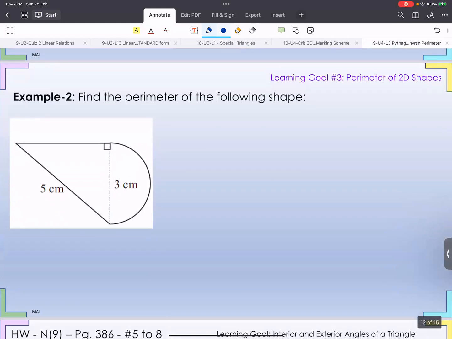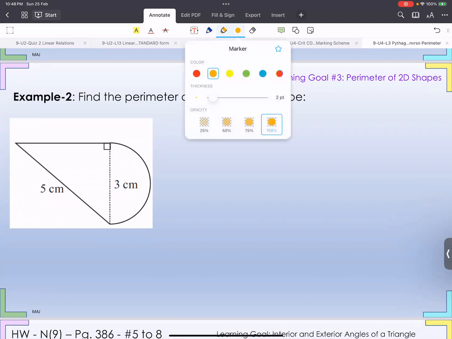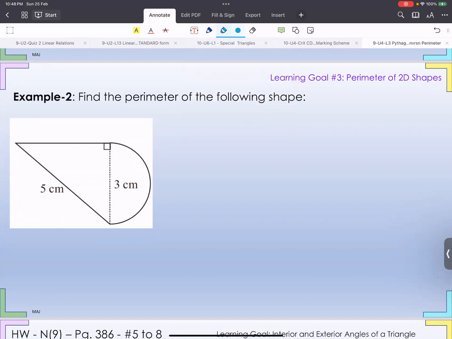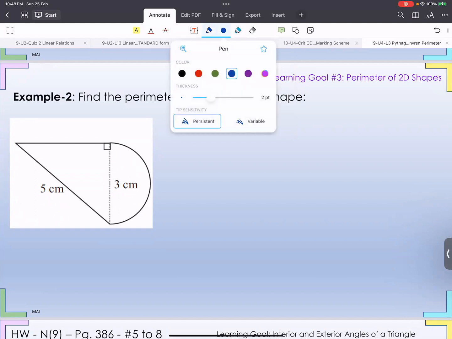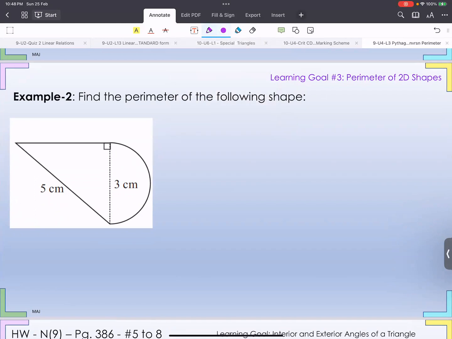Let's try this. Again, pause the video and try it out. So I'm going to try to color code it as usual. This part, let's try to do this part. We call this X. Okay, so if you look at this, this is a hypotenuse.